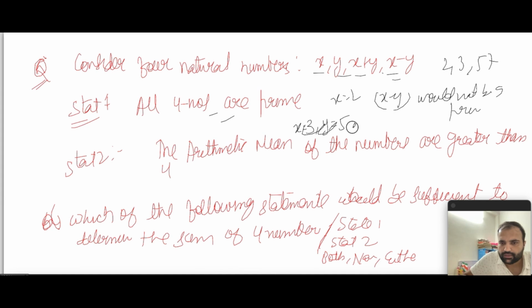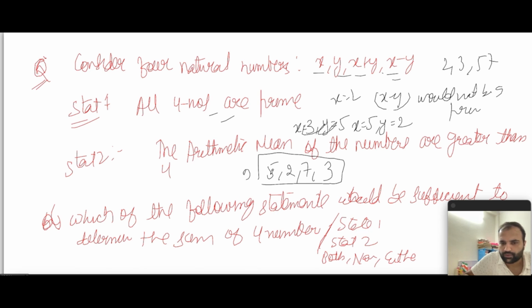Still we have problems. So what we can do is take x equal to 5 and y equal to 2. This should solve the problem. So we have x equal to 5, y equal to 2, x plus y equals 7, and x minus y equals 3. And so we have these 4 numbers.